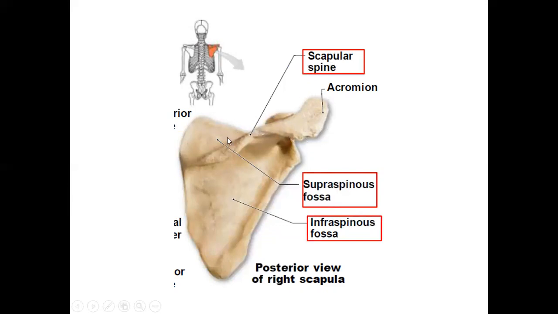Above the spine is the supraspinous fossa, so above the spine. There's this indentation here that is the supraspinous fossa, and down below is the infraspinous fossa. There are 2 muscles, one called the supraspinatus that resides in this fossa, and the infraspinatus muscle that resides in this fossa here.